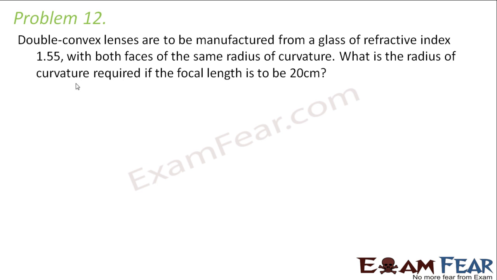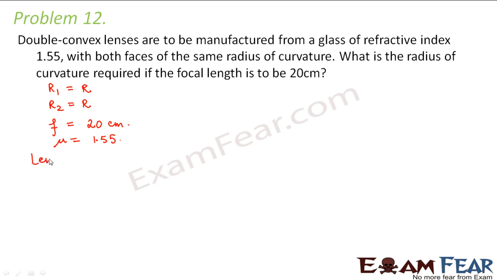It is given that the radii of curvature of both the surfaces are the same. That means R1 and R2 both are equal to R, and the focal length of the lens you form should be 20 centimeters. So you have to calculate the radius of curvature required for that. It is also given that the refractive index of the material, that is glass, is 1.55.